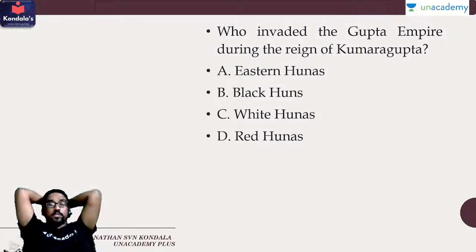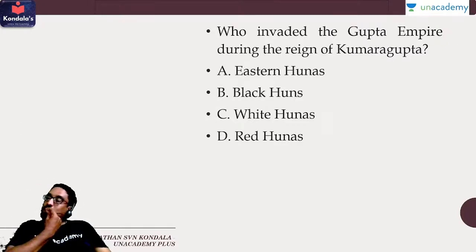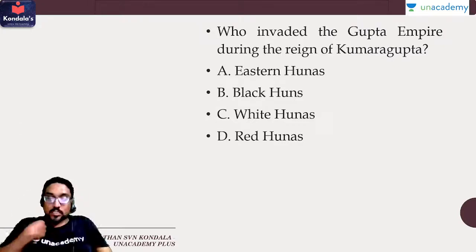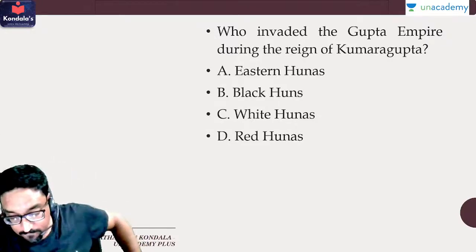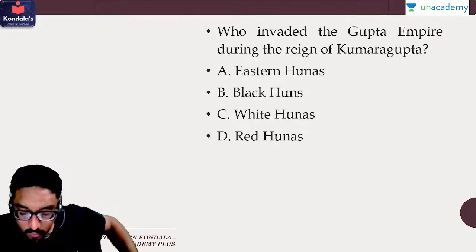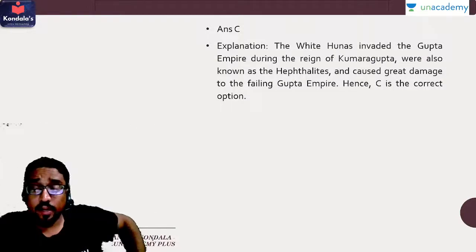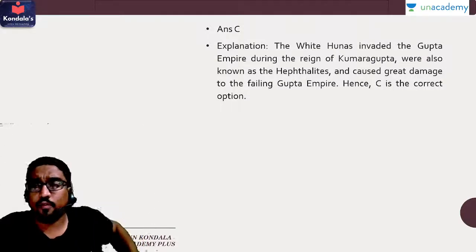This is a previous year question, guys. It was the White Huna. White Hunas invaded the Gupta Empire during the reign of Kumaragupta.